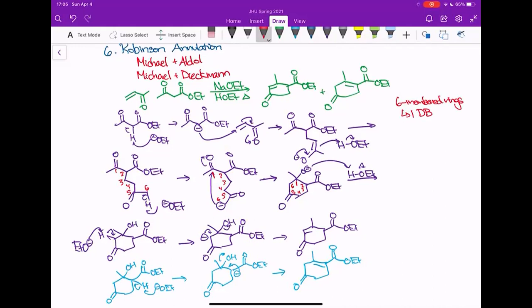So in this case, you would have your alpha beta unsaturated portion right here. And then in this portion, you would also have it right here. So those are just a few characteristics that if you see on a synthesis problem where you're forming a 6-membered ring with the alpha beta unsaturated carbonyl in your product, then you probably have undergone a Robinson annulation.